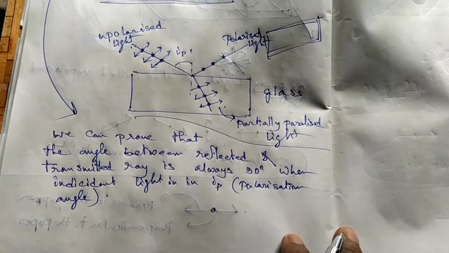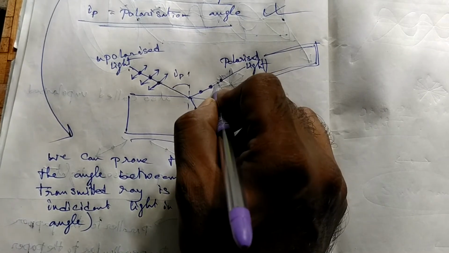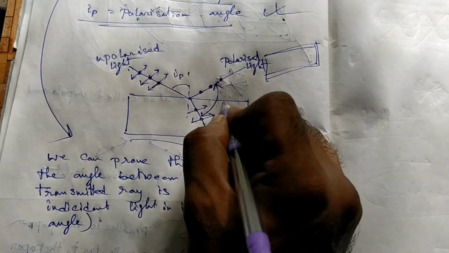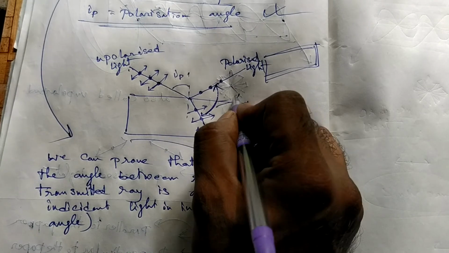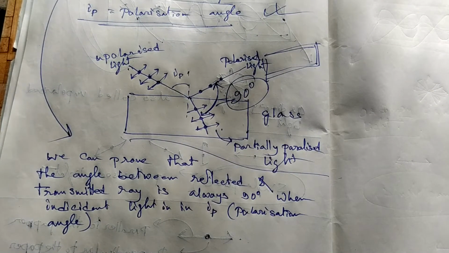Is it clear for everyone? So we can prove by Brewster's law that the angle between the reflected ray and the refracted ray is 90 degrees. It comes from Brewster's law.